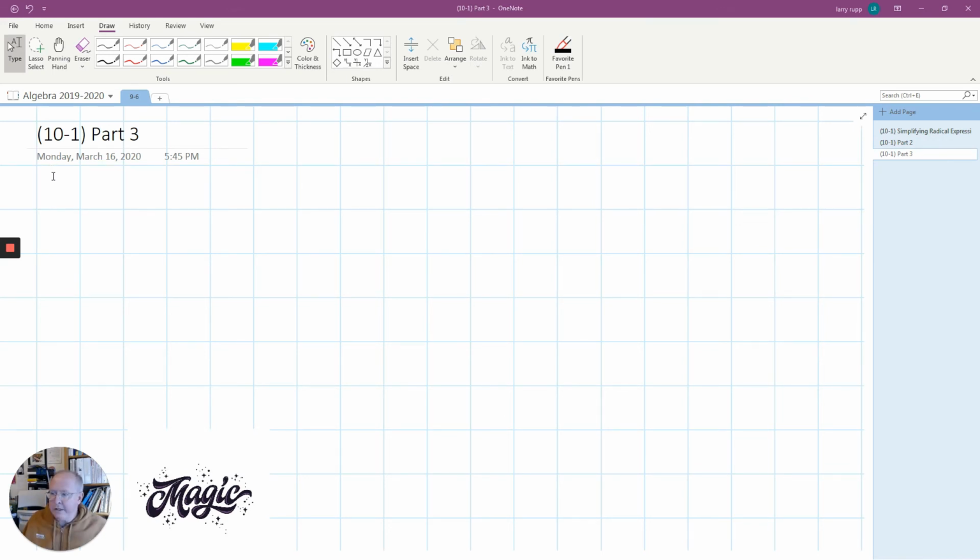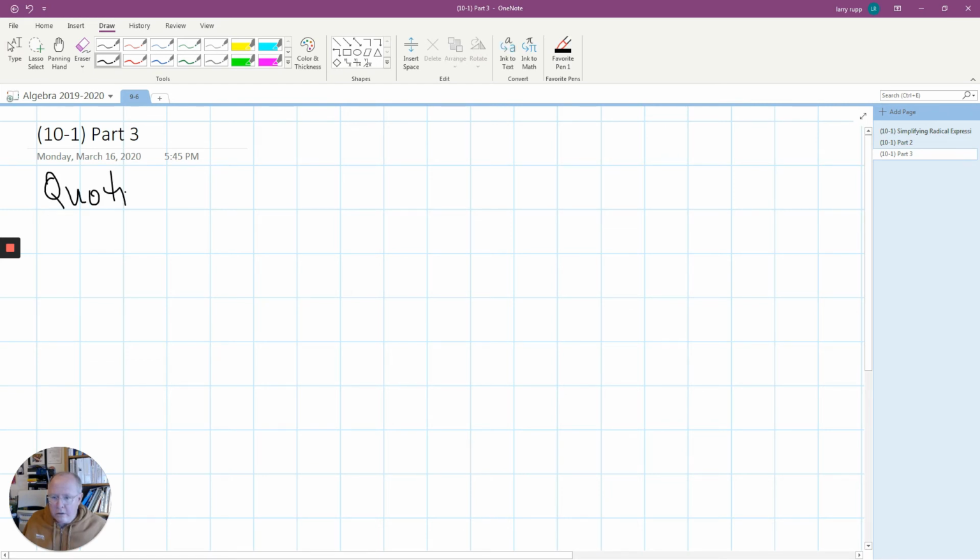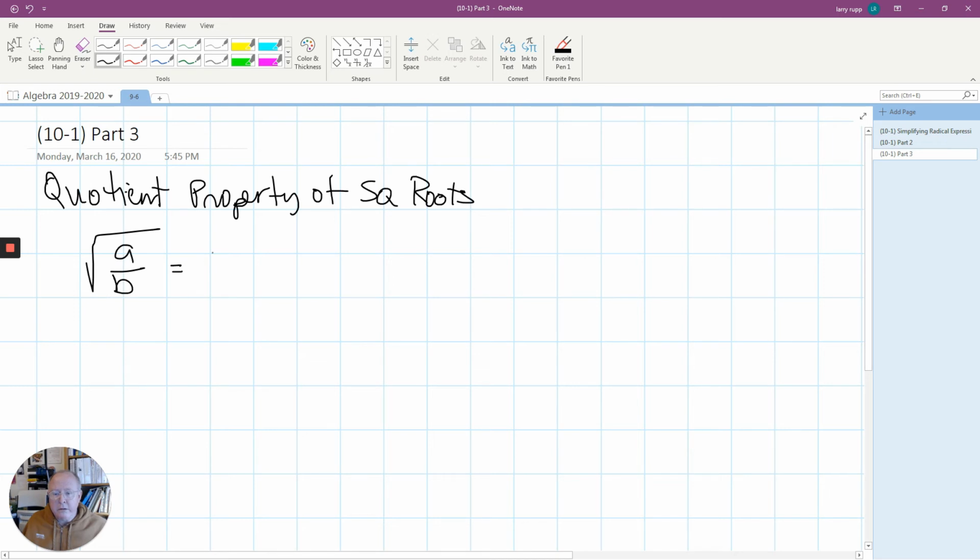Okay, moving right along. What we have next is called the quotient property of square roots. And basically what this says is that if you have a square root of a quotient, say a over b, then what this equals is the square root of a, the numerator, over the square root of b, the denominator.